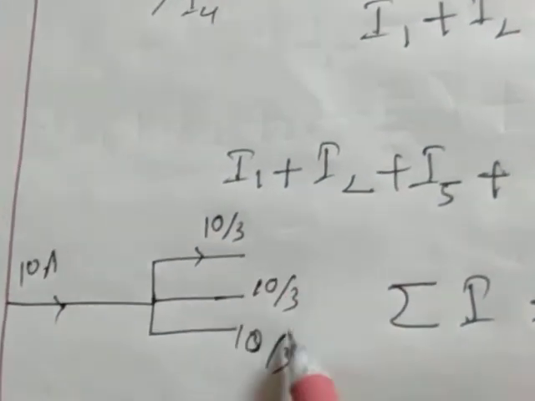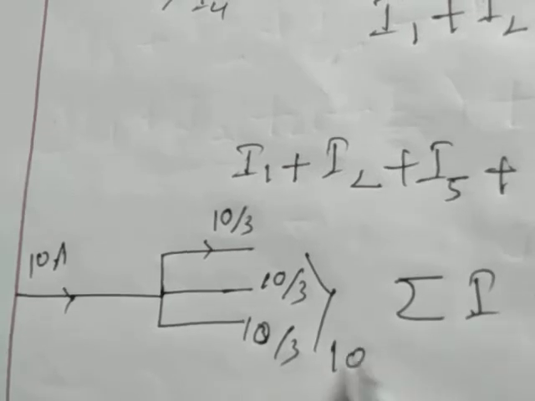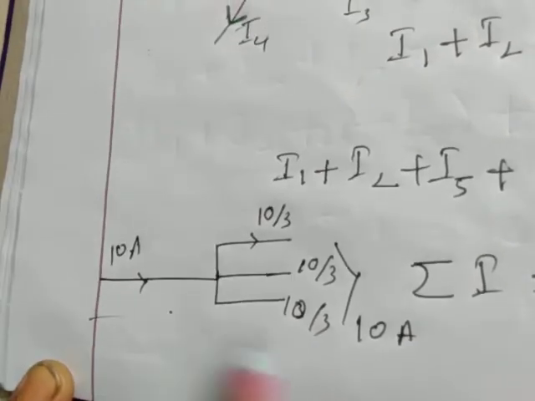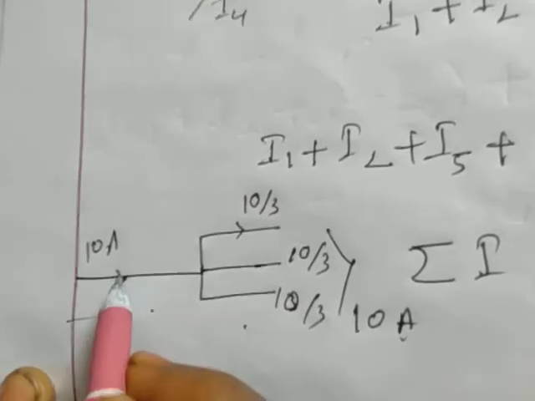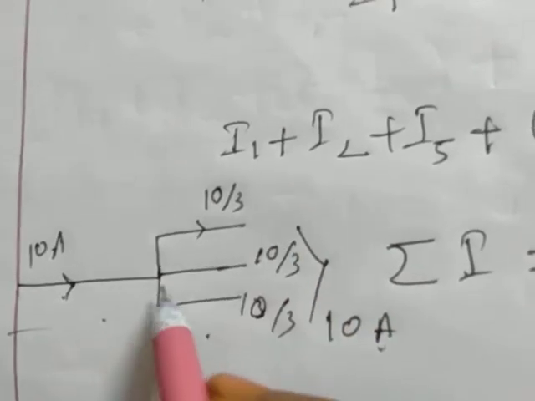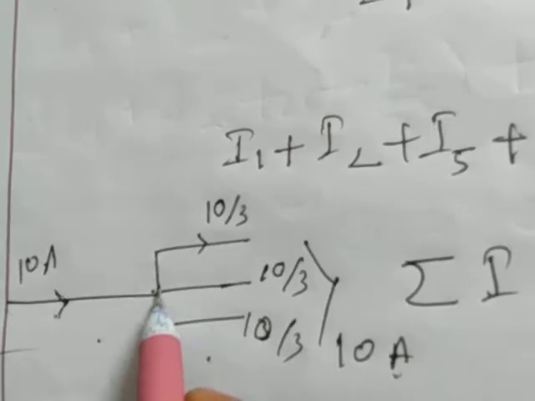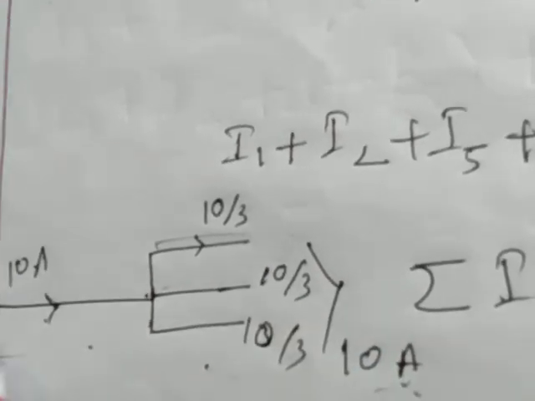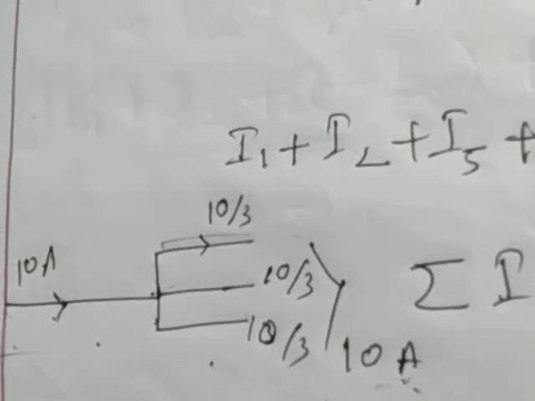That means these 3 together make 10 ampere. So what do you get? The incoming current equals the outgoing current. This 10 ampere is the incoming current, and at this point the current is divided into 3 parts, but those equal 10 ampere. So the incoming current equals the outgoing current.